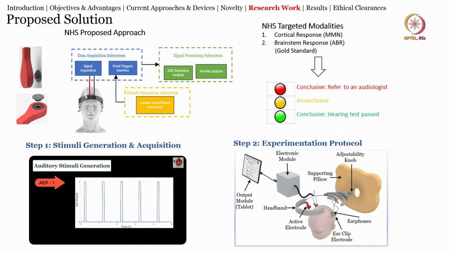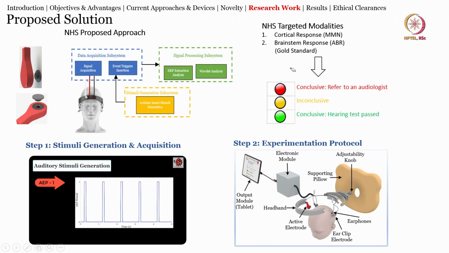Here you can see that we apply the stimulation to the ear, acquire the signal, process the signals, and then we can understand how to reduce the number of epochs, number of cycles, so that it will be faster. That can be done with the help of wavelet analysis.